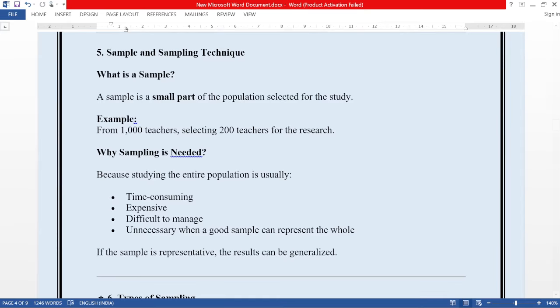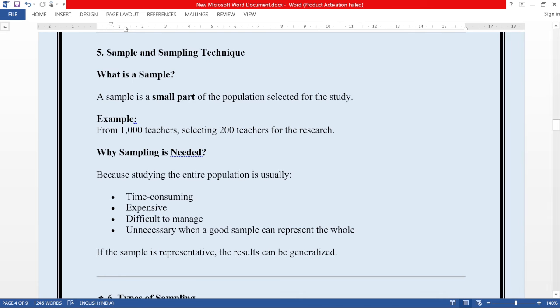What is sample? A sample is a small part of your population selected for the study. I already told you that if you are studying the primary school teachers of a village of Jammu, then every teacher of that particular village would be the population, but if you are selecting 50 or 100 teachers from that village through any sampling method, that would be the sample of the project work.